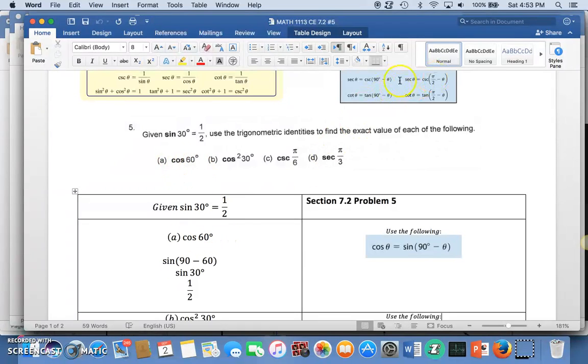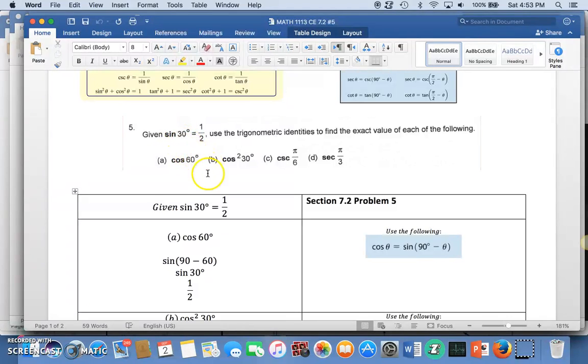If you use the cofunctions like we did earlier, the cosine is sine of 90 minus theta. So cosine we're going to replace with sine of 90 minus that angle, and we get the sine of 30, and that is 1/2.